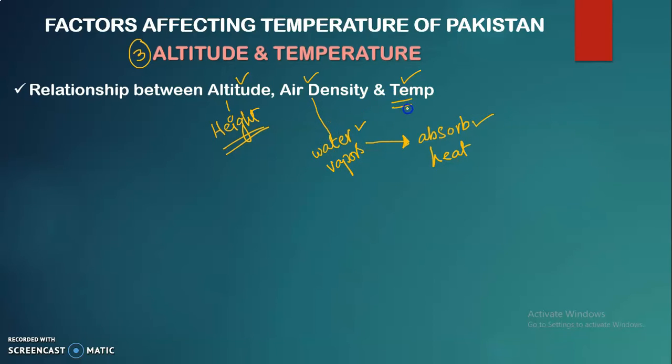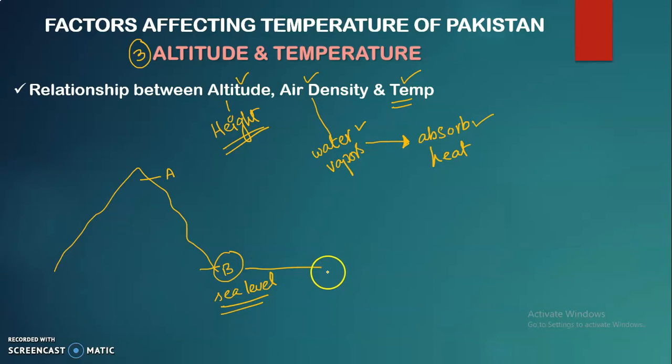Now moving towards the temperature, when we talk about the altitude and temperature, it means that we are talking about the highland areas of Pakistan. This is your point A, the highest altitude, and that is point B. This is at sea level, meaning you are on the lower part of the highest place, that is the highland. When we talk about point B over here, listen to this carefully, you have a more dense air.